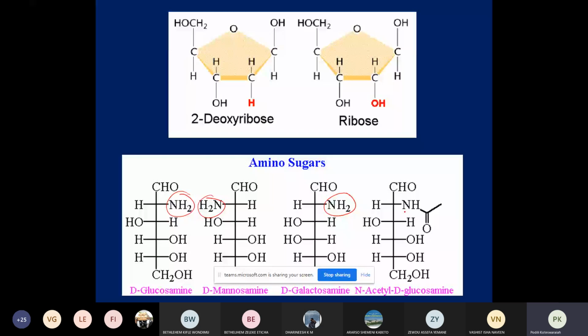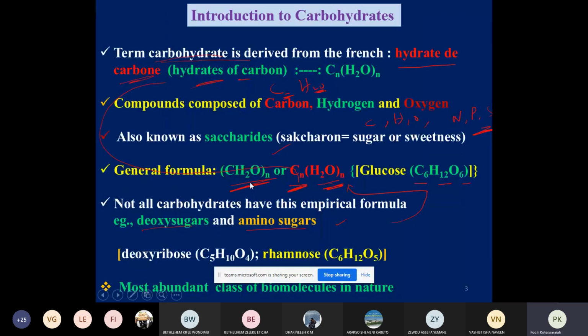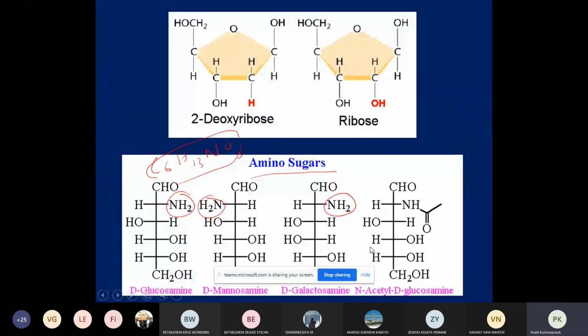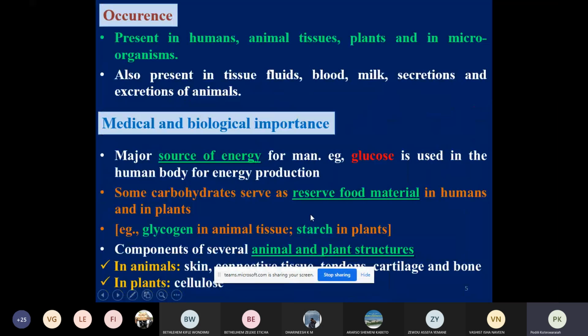They have the molecular formula of C6H13NO5, so they don't follow the empirical formula of Cn(H2O)n. So deoxy sugars and amino sugars don't follow this empirical formula.